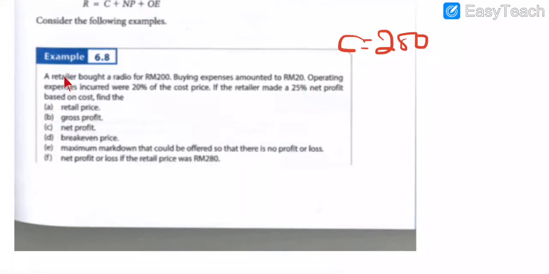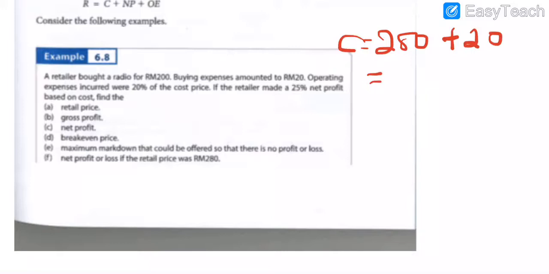Okay, so the cost of the product, the radio, is 200 ringgit. But bear in mind that the buying expenses, contohlah saya beli barang dekat Shopee. Barang tersebut 200 ringgit, tapi shipping fee itu 20 ringgit. So how much is my cost? Okay, so my actual cost will be mesti tambah 20 ringgit kan? Macam kamu beli barang dekat Shopee. Okay, barang itu 5 ringgit, tapi shipping fee 20 ringgit.